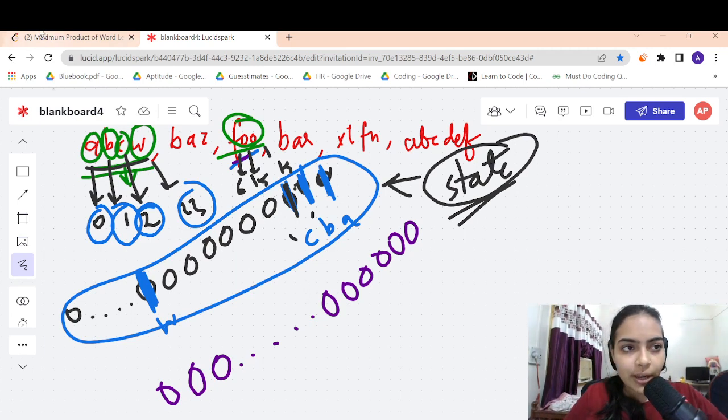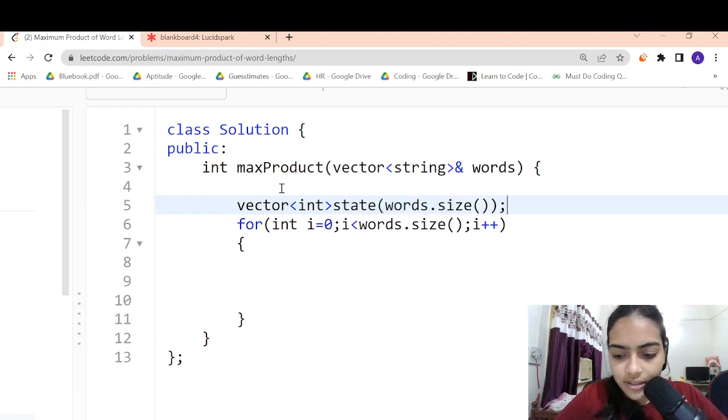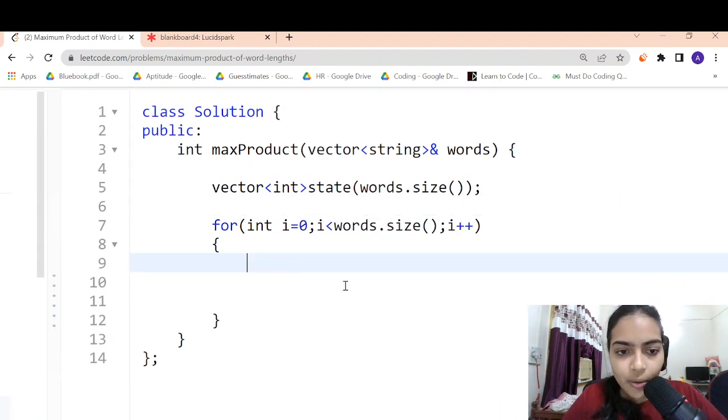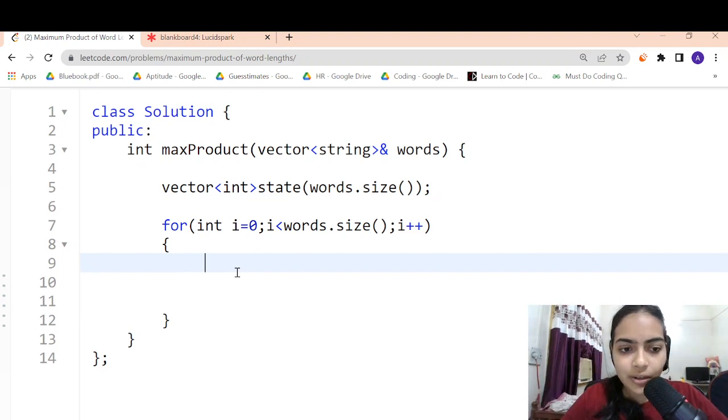So simply we can make a state vector, and it will have the same size as the words vector, okay? Now how do I mark the state of it? It's very simple. First of all, let me iterate for each character in the word.